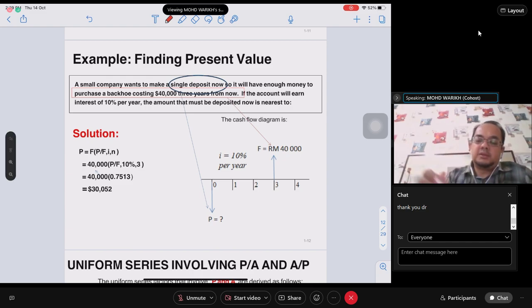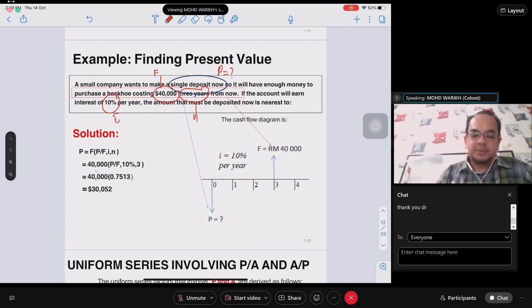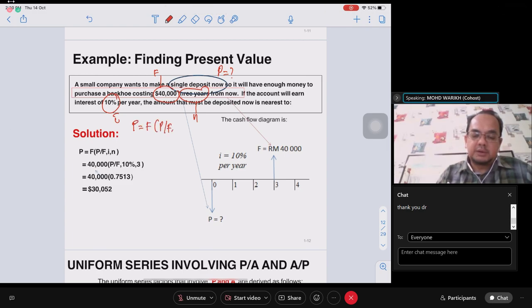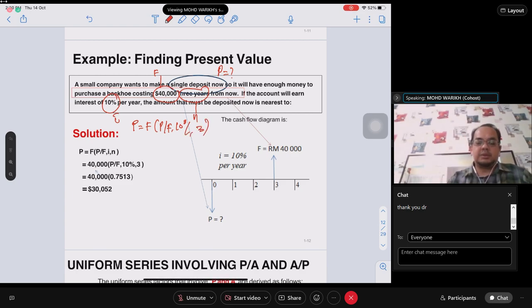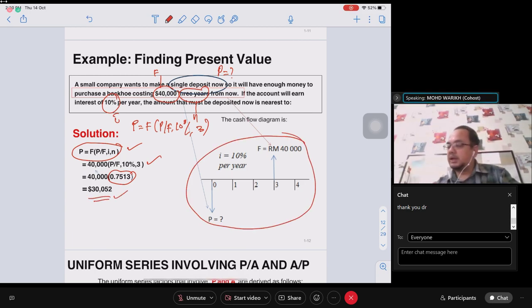So that means you have to find P. This one is F, and this one, 3 years from now, is N. This one is I. So you know that you have to find P. F is given, P over F, 10% and 3 years. Same as the previous one, refer to the table, you get this number and then you get the answer. Make sure that you use the correct column.